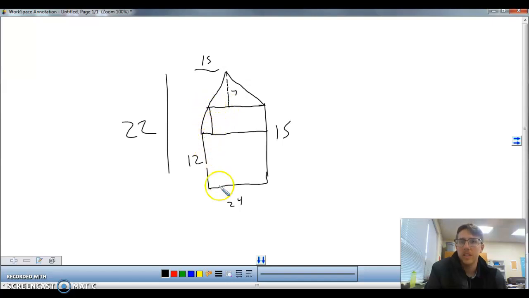Well, since it's 24 all the way across, and they know this part's 15 up to here, they know this part then has to be 9, and it actually should split down the middle. They know that what's left of this is 9. 9 plus 9 equals 18. They know that this needs to be 6. And then they found it from there.